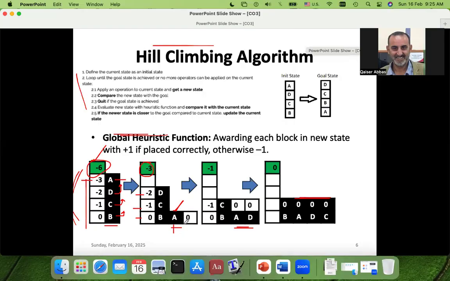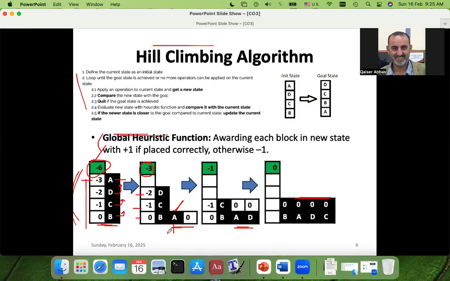Okay, so now we have finalized that this is also part of the heuristic function: whenever a block is on the ground, it has the value 0. Even though we can say that A is at a proper position according to the previous concept and award +1 here, this was a little confusion in our minds.